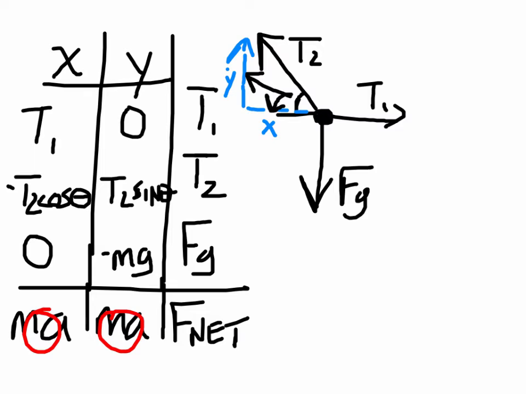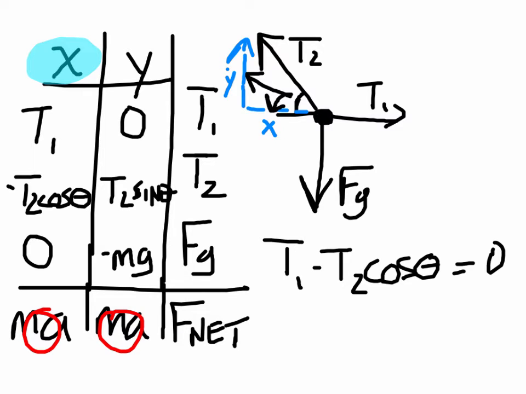In the X, I just go down the X column and add up everything and make sure it equals 0. So T1 minus T2 cosine equals 0. That tells me T1 and T2 cosine must equal each other. So it's kind of nice. If I can find T2, I'm going to be good to solve for whatever T1 is, because I just have to take the cosine of T2.